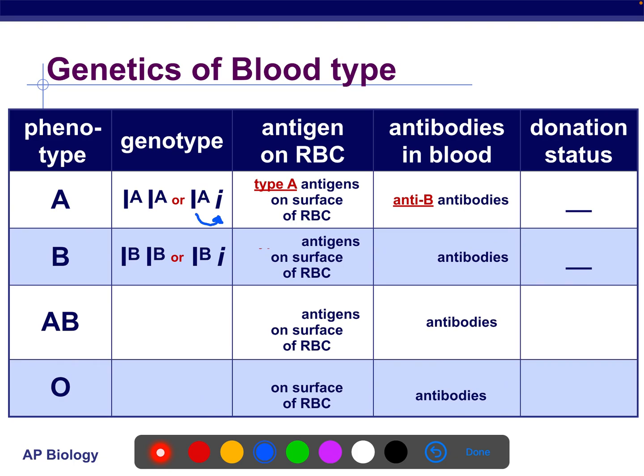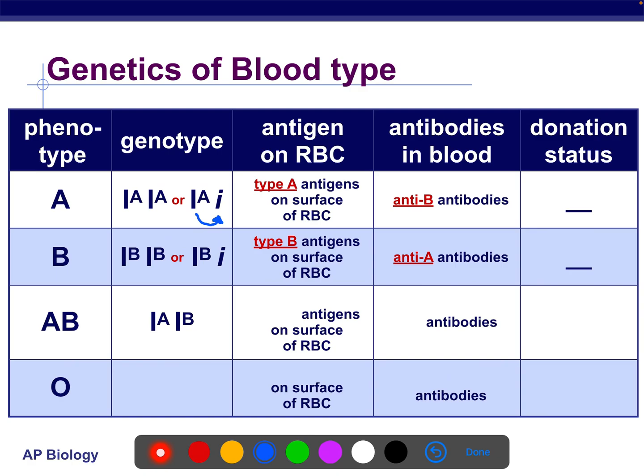So then B is going to look a lot like A, except you have the B allele instead of the A allele. And that's going to have type B antigens on the surface of the red blood cells, and that will give anti-A antibodies in the blood. So then AB, this is where those alleles are codominant, where they're both going to be expressed.